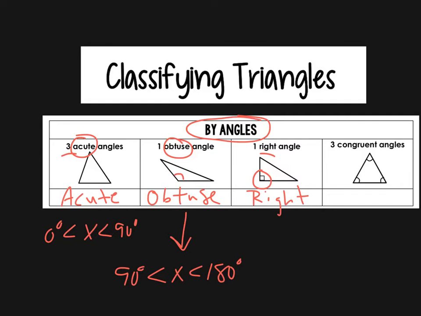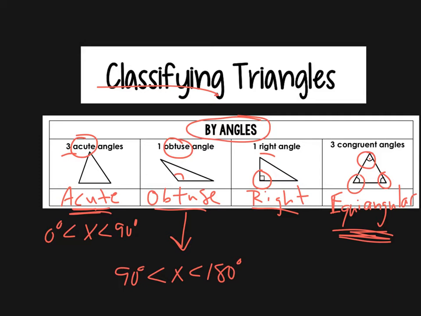And if you have all angles the same, if they're all marked congruent, then we're going to call that equiangular. So we have the equiangular, all three are acute, so technically when you have an equiangular, you also have an acute triangle. So all equiangular triangles are actually acute, but not all acute are necessarily equiangular. One right angle is a right triangle, and one obtuse angle yields you an obtuse triangle.